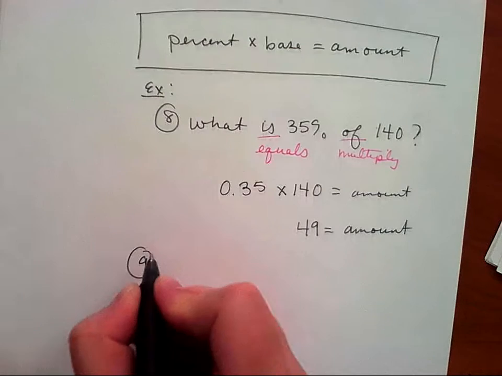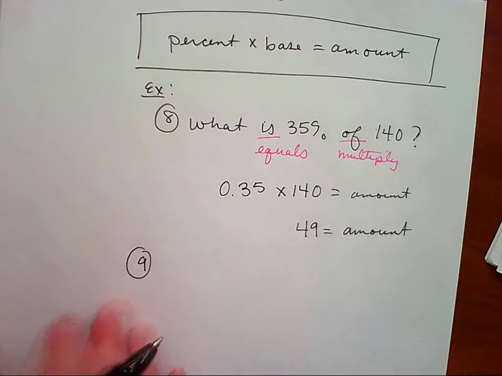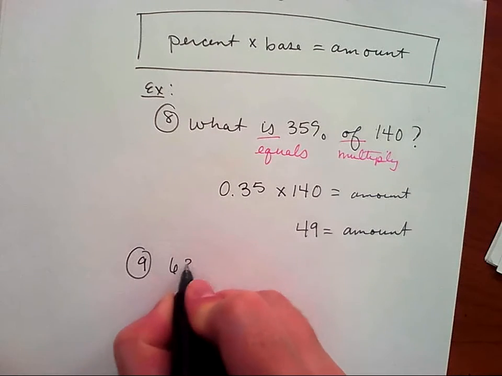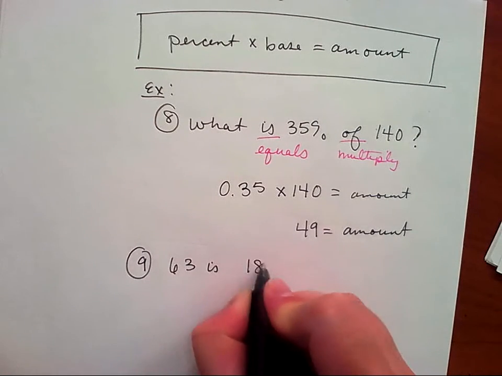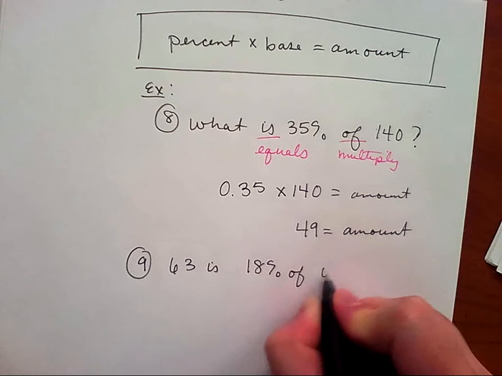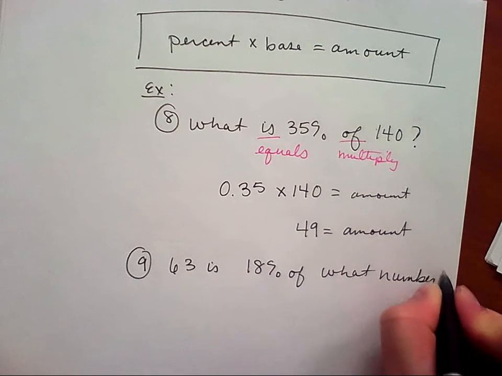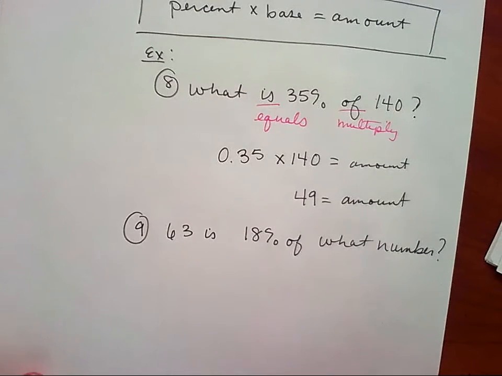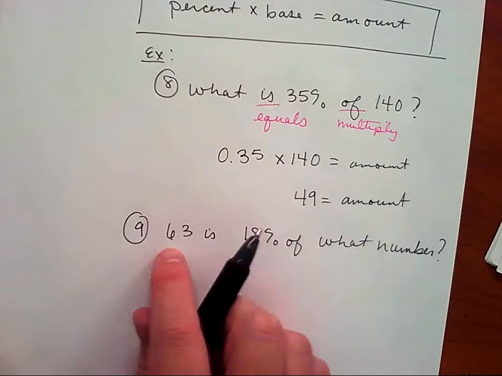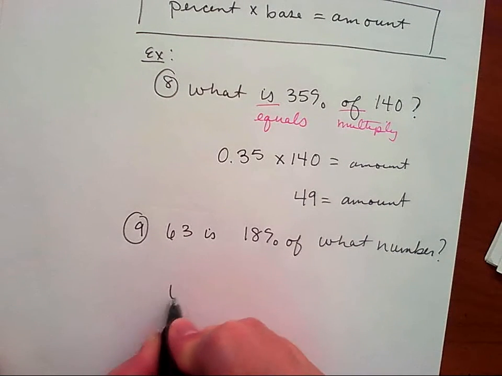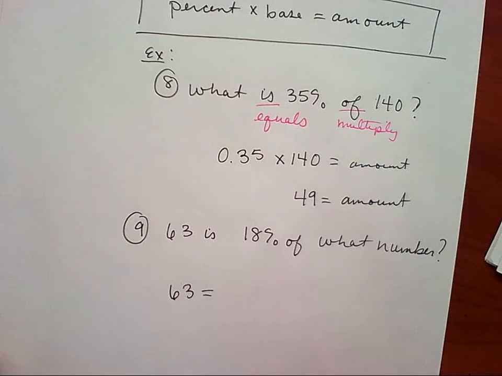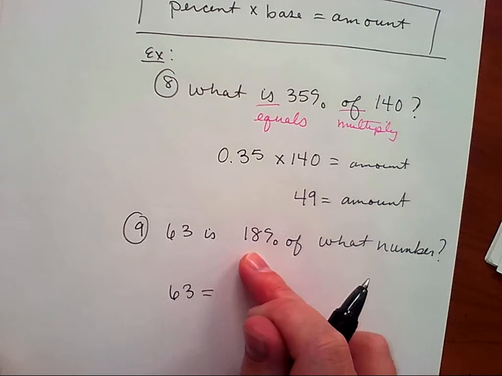Okay, next. You good with this? Okay, so 63 is 18% of what number? Let's translate this to math. So 63 equals 18%.